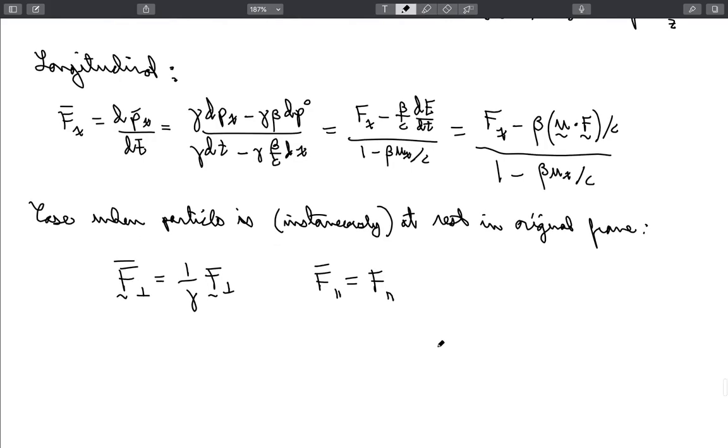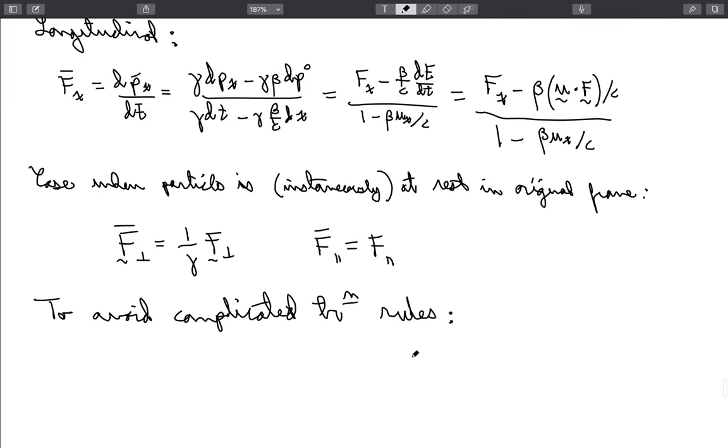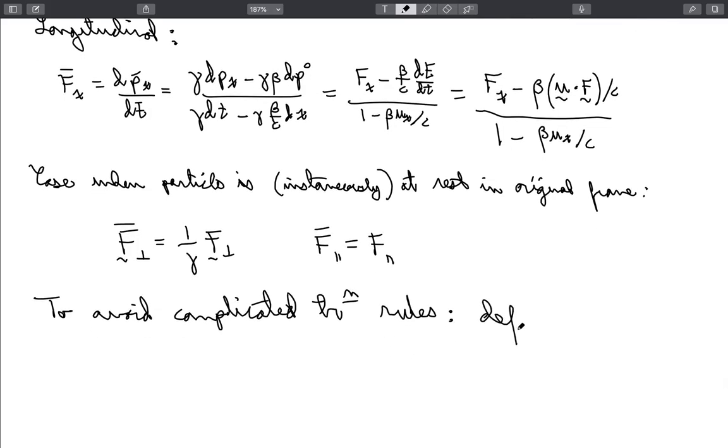Okay, so we might want to avoid complicated transformation rules, and you'll guess what we'll want to do. We'll want to use proper time instead of normal time. So to avoid complicated transformation rules, we can define an object that's called the Minkowski force.